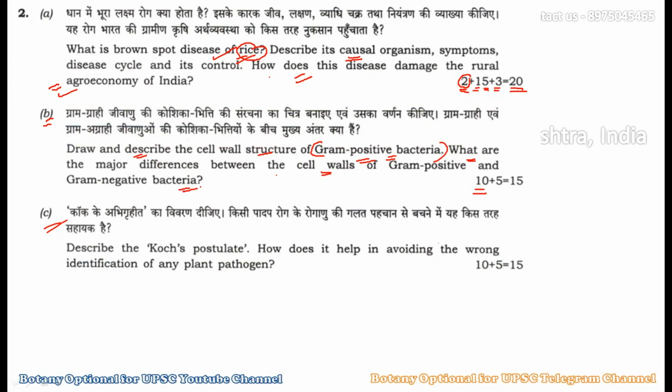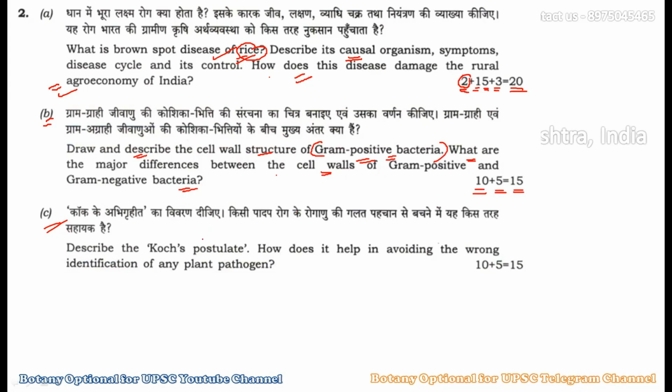There is a very basic difference between the gram negative and gram positive cell walls. And for writing that down, you will have 5 marks. In all, there are 15 marks. So for drawing and describing the cell wall structure of the gram positive bacteria, you will have 10 marks, and the rest of the marks are given here for showing the distinguishing feature between the gram positive and the gram negative bacteria's cell wall, right?